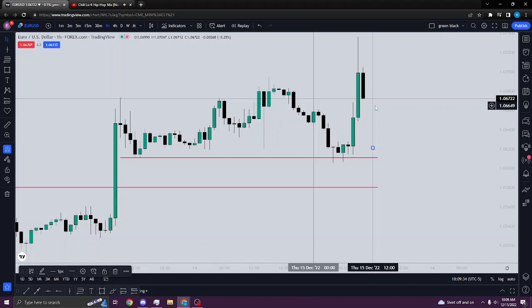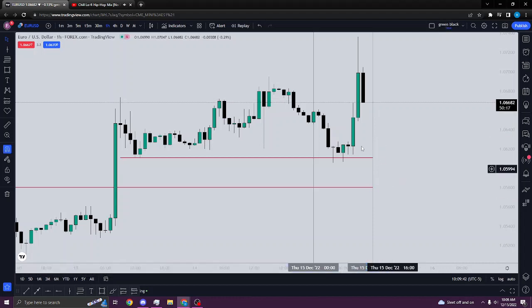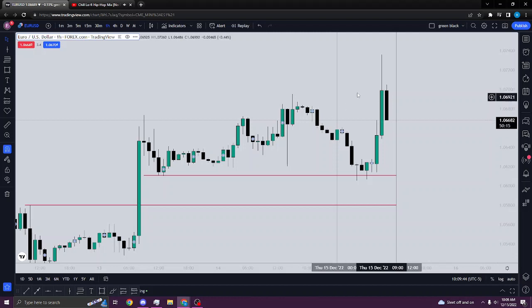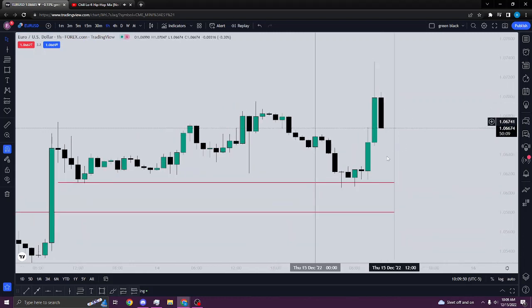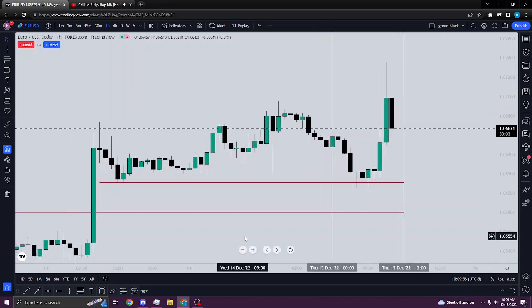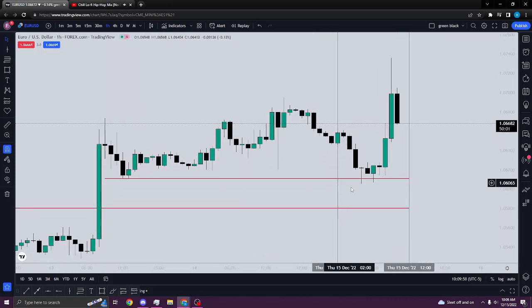But at 12, I'm looking to close out my computer and go about my day. So this is my time for the day. This is my daily range that I'm looking for. We're still in it. We're in London close right now, which might be the end of the range, but we'll see.